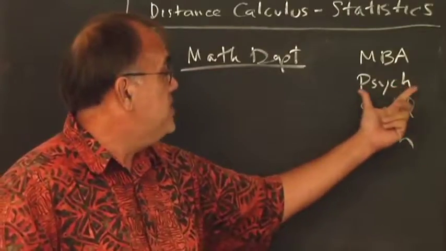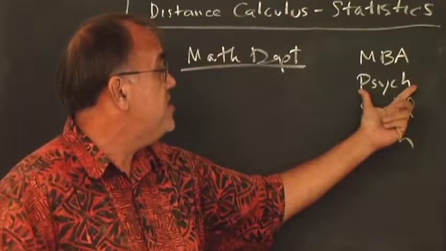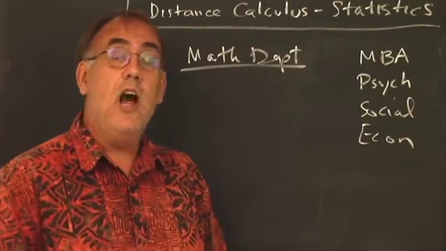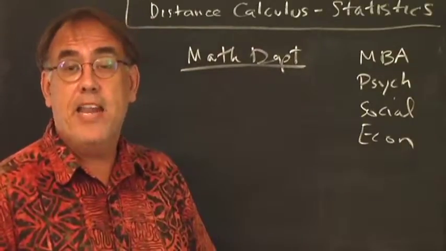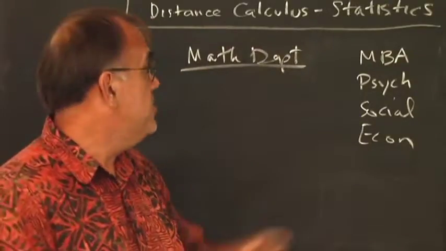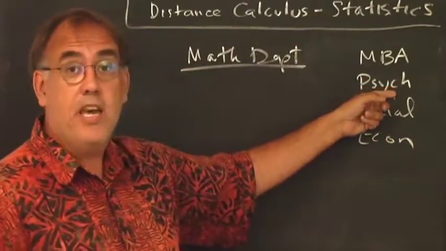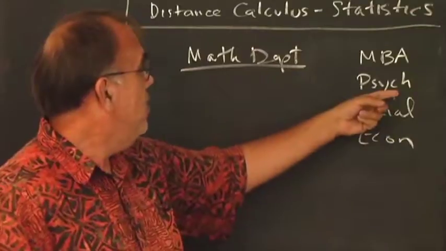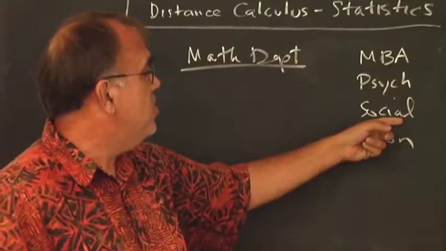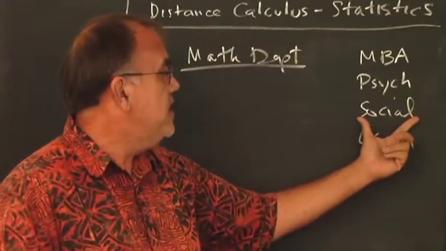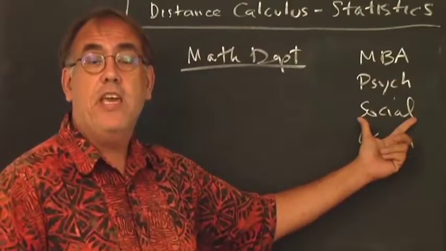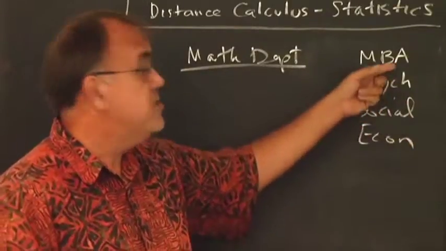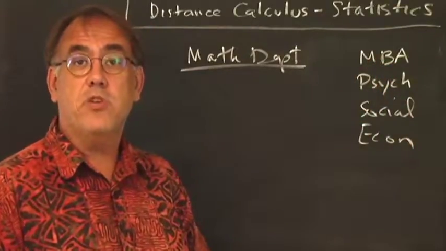The reason why is because in the psychology statistics course, they're not really going to concentrate on the mathematics so much. They're going to concentrate on the applications to psychology. In the sociology course, they're going to concentrate on applications to sociology. In the business course, all of the examples are going to come from business.